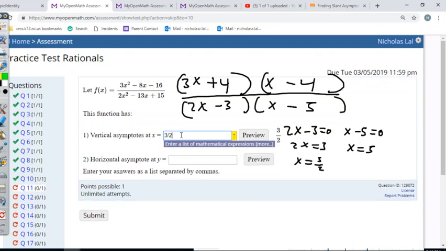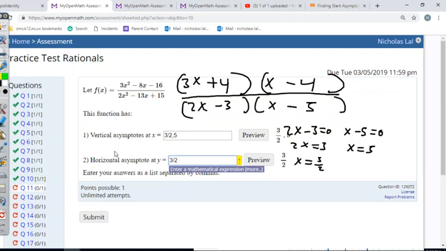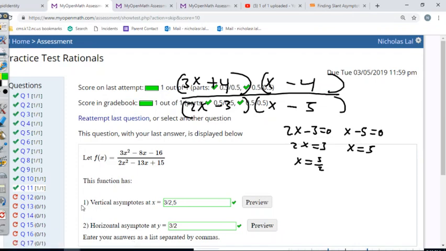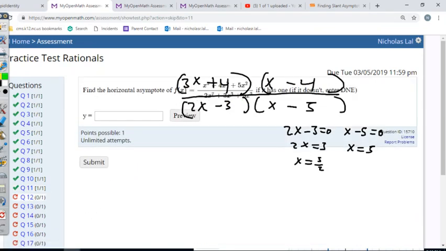Three halves and 5. And horizontal asymptotes, the highest degree coefficient is 3 on top, 2 on the bottom. Degrees are the same, so that's y equals 3/2. All right, that's right.